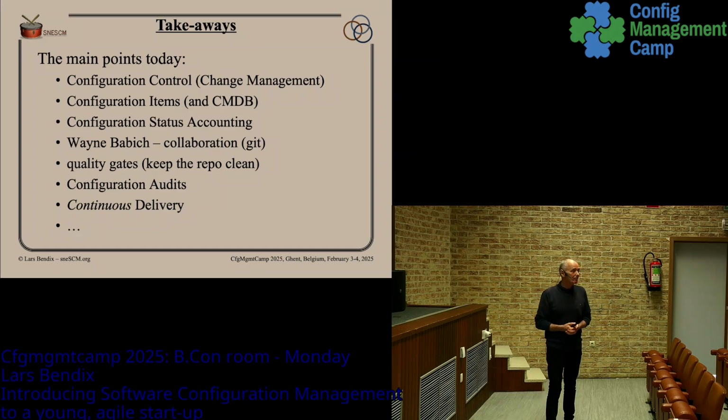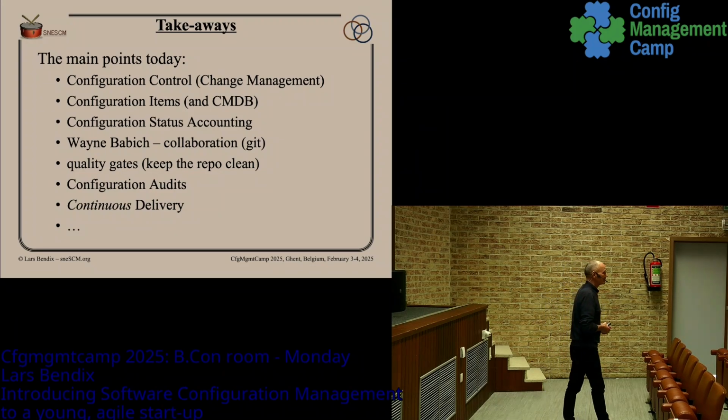Change management: focus and prioritize on the most important things to work on. Schedule it according to the resources. The important things, the configuration items, and creating a virtual ecosystem or a configuration management database. Configuration status accounting: try to mine this database of information that we have.